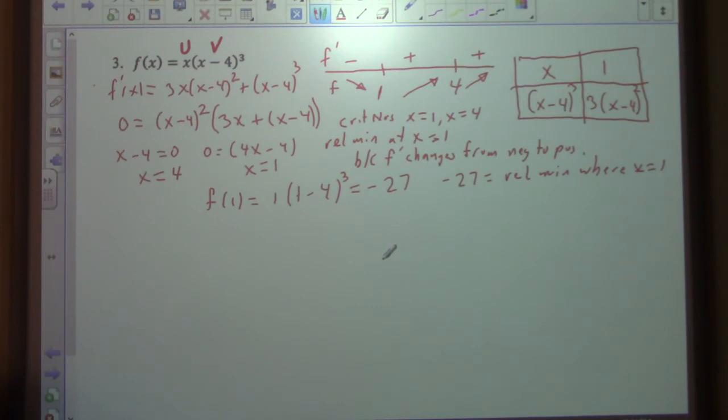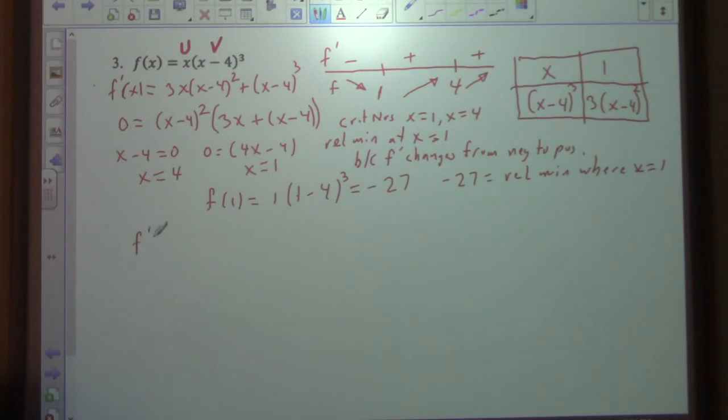Okay, the next thing they're asking for is what? The f double prime, right? So here we have f double prime, or well, I'll put f prime of x. Let's do it that way.